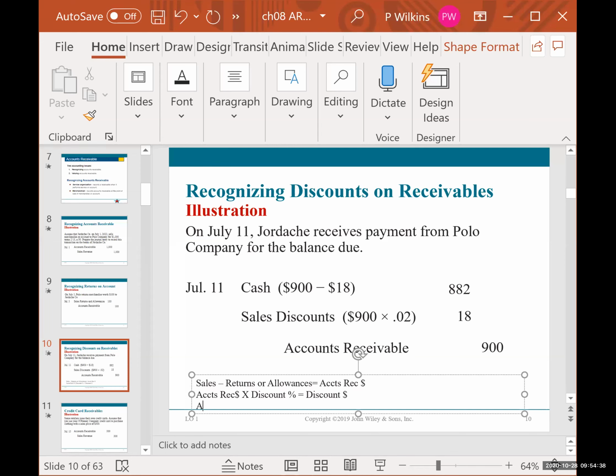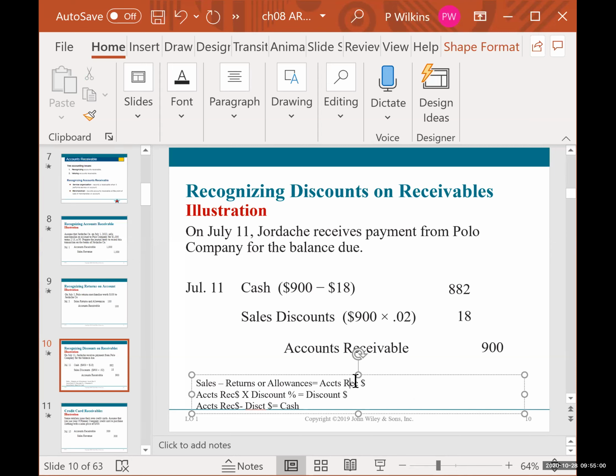And the accounts receivable number minus the discount dollar amount would give us the cash number. We did that a while ago. I can't remember what chapter now.